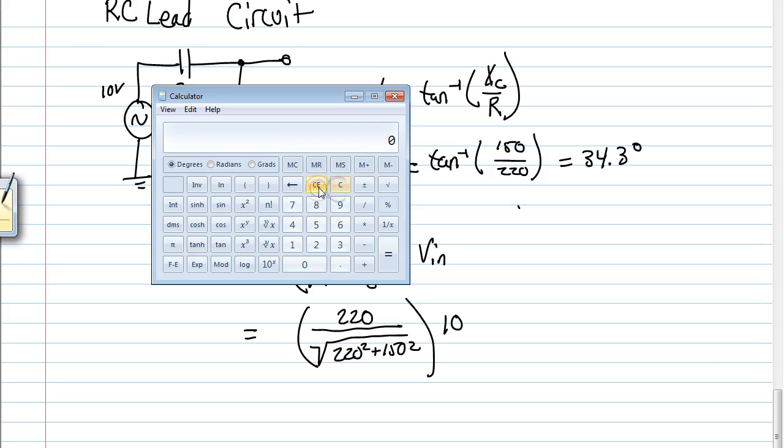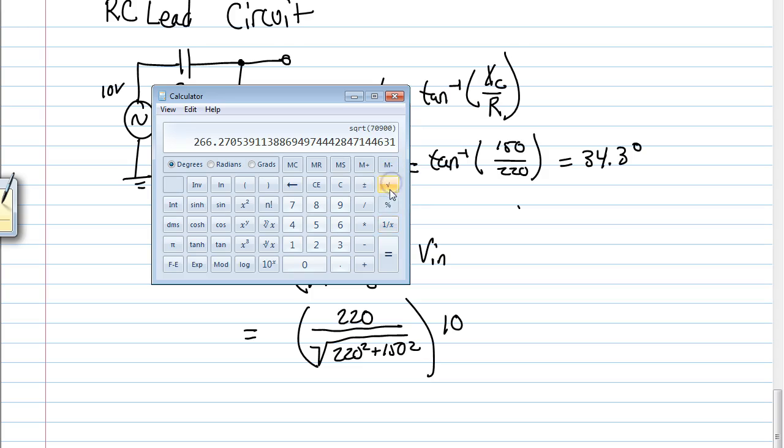Oh, hold on a second. 220 squared plus 150 squared. Alright, let's try that. I think I got a different answer that time. Oh, so I put 200 instead of 220. So it's 220 squared plus 150 squared equals that.